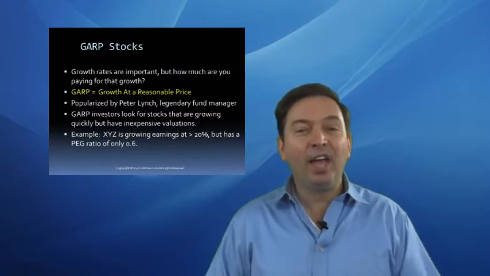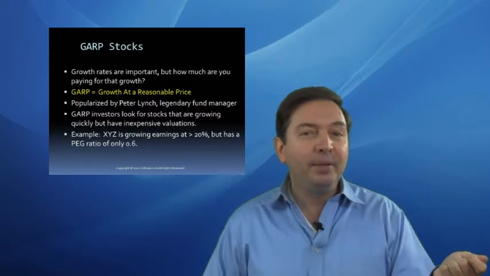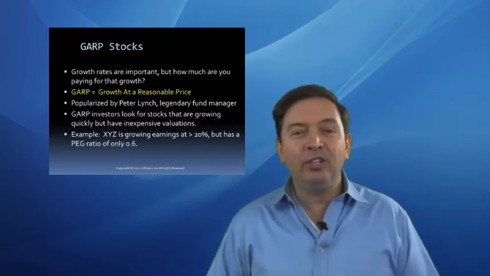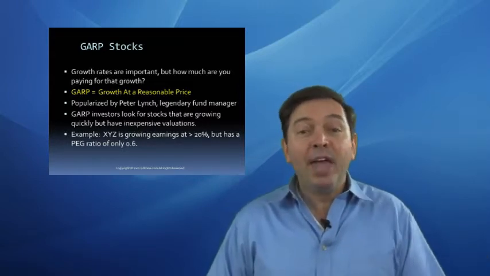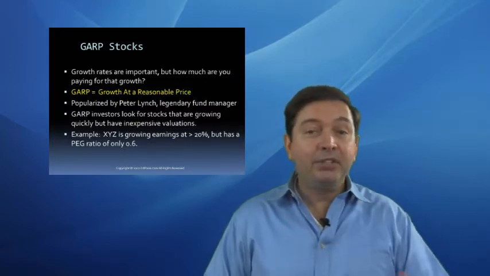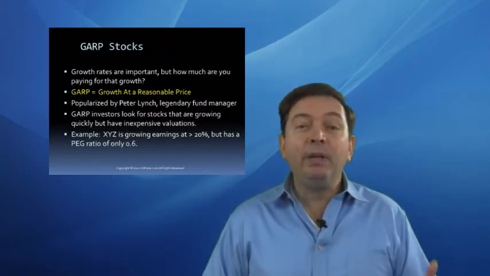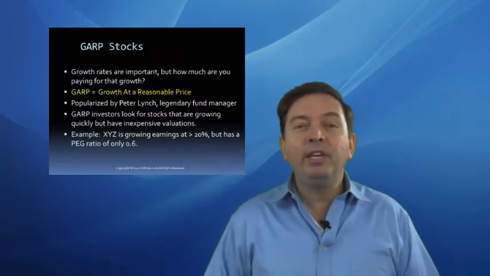We want to get a discount. Now, GARP investors look for stocks that are growing quickly, but have inexpensive valuations. So, for example, if XYZ is growing at greater than 20%, but has a PEG ratio of only 0.6, we'd say, hey, we can buy some good growth here and we can get it cheap.